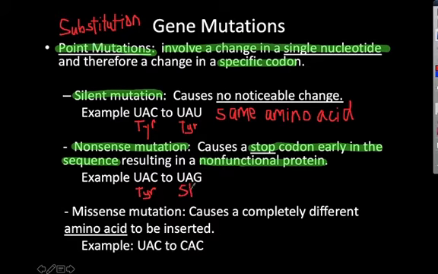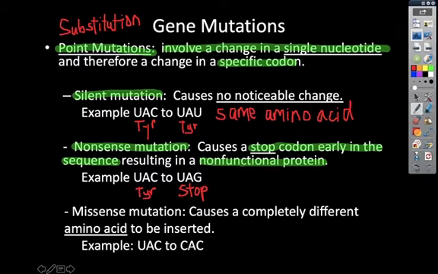So if this happens somewhere in your sequence early instead of at the end where it's supposed to, then that's what we call a nonsense mutation. And it's going to basically terminate the protein before it's completely made.